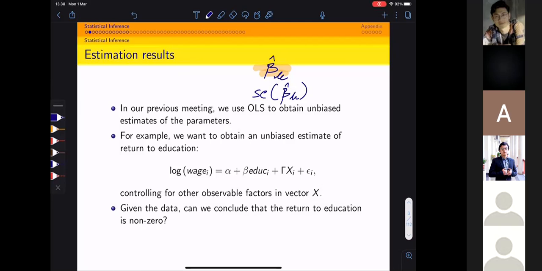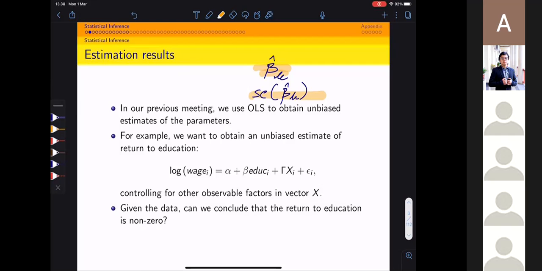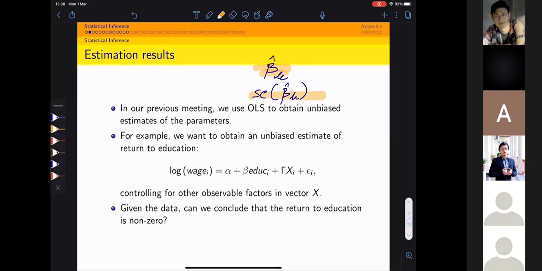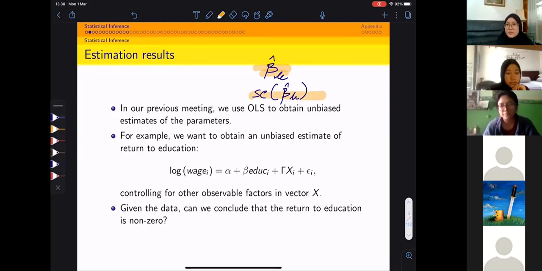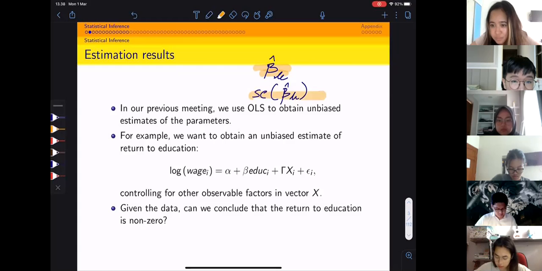One additional assumption that we need to obtain an unbiased estimate of the standard error. Anyone recall? What's the one additional assumption? Sir, go ahead. Is it homoscedasticity? Yes, it's homoscedasticity.